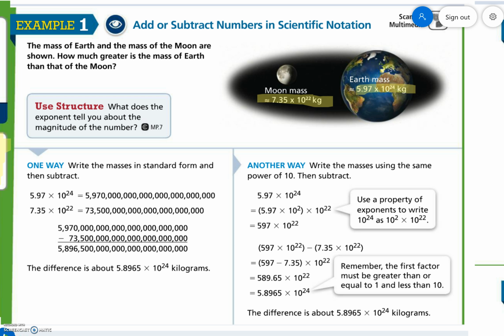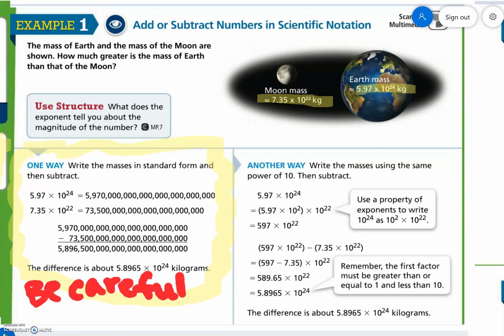So one way we could do it is to write the masses in standard form and then subtract. This is a lot of work because writing out all those zeros and then subtracting, I would be careful with this. Be careful, because if you mess up one zero or do one extra or one less, your whole answer is wrong. It might be easier to keep it in the powers of 10.